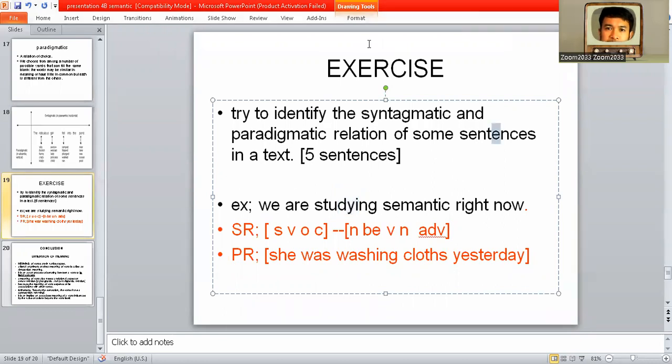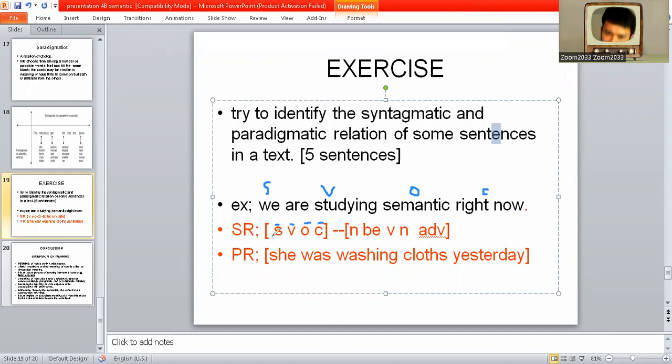Okay, subject, this one. This is a verb, studying. This is the object, semantic as an object. And right now as a complement. Okay.